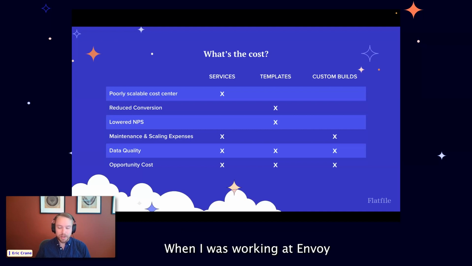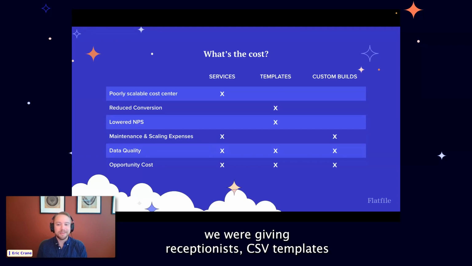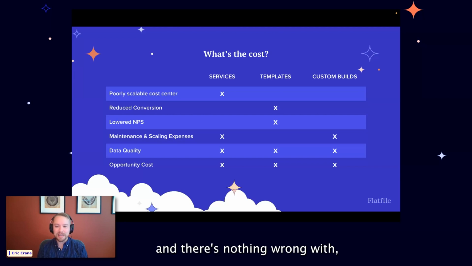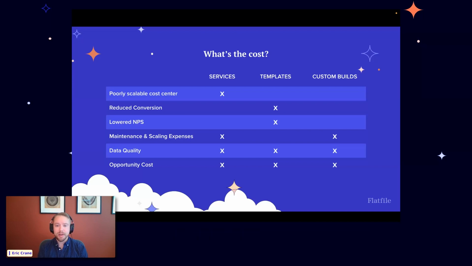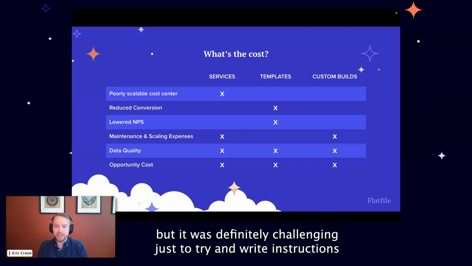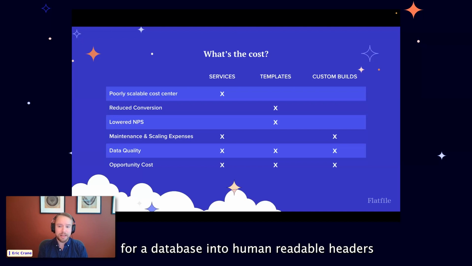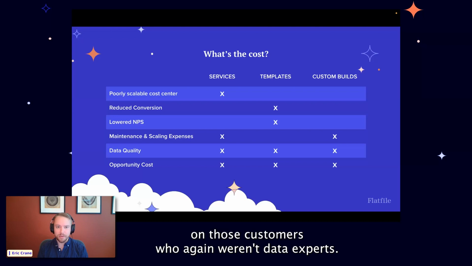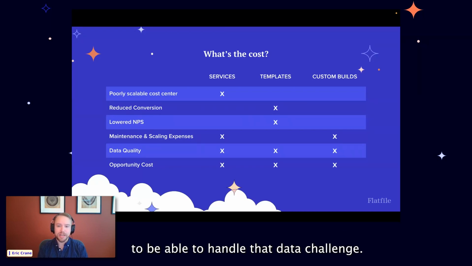When I was working at Envoy previously, just right before we started Flatfile, we were giving receptionists CSV templates, and there's nothing wrong with receptionists and office managers using those CSV templates, but it was definitely challenging just to try and write instructions to translate the rules of things like internal keys for a database into human readable headers, and then having to reliably depend on those customers who, again, weren't data experts, they were experts in the office or the workspace, to be able to handle that data challenge.